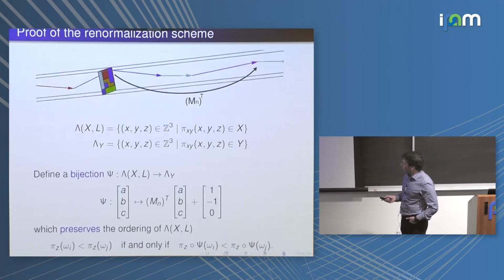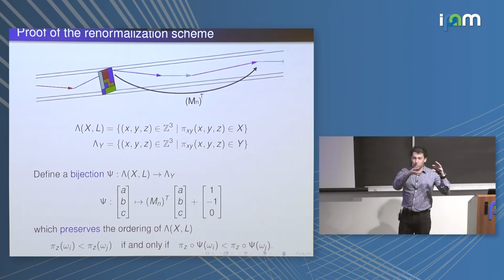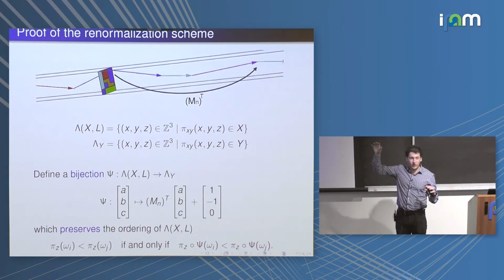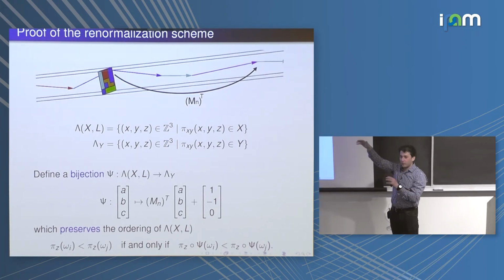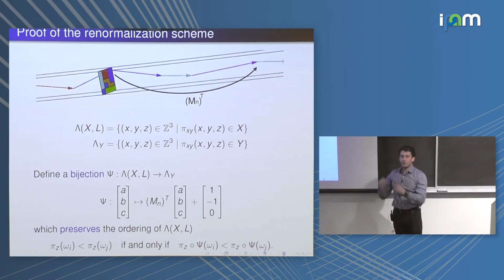Okay, so what this tells us is that if I want to compute the first return map to this green rectangle, I can just essentially map my original dynamical system, this t tilde thing that was defined on this lattice lying in R3, into my smaller window.